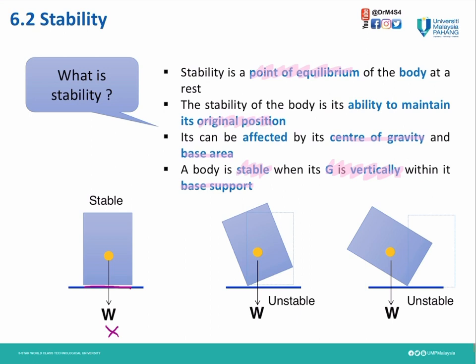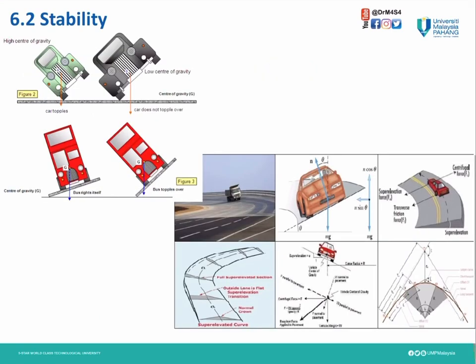Therefore, this box is stable. However, when you turn this box at a certain angle, it becomes unstable because the base support is getting smaller. And when you move further, the base support is even smaller than before, it will topple and certainly be unstable.